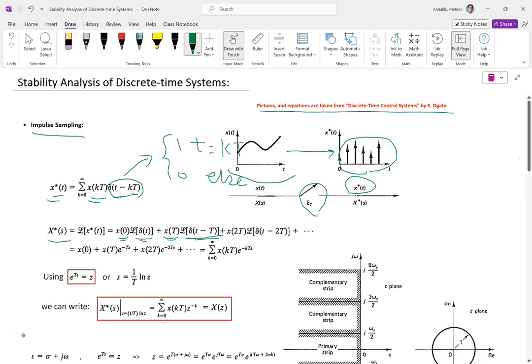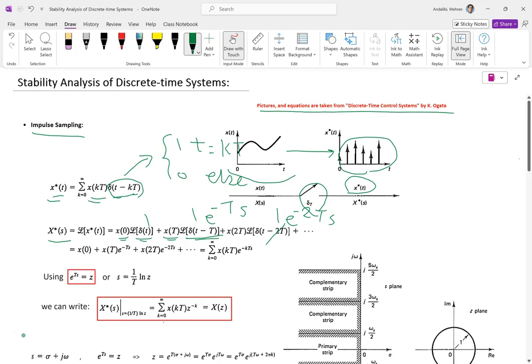And of course, Laplace of delta, as you know, is 1. Laplace of delta t minus T is 1 times a delay, so it's going to be multiplied by e to the negative Ts. The next one is basically 1 times e to the negative 2Ts, and so on.